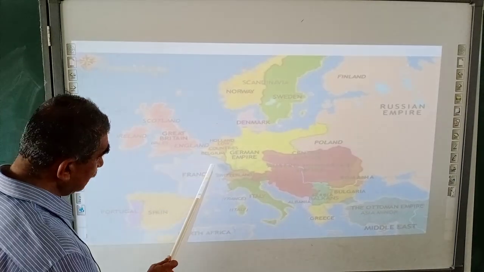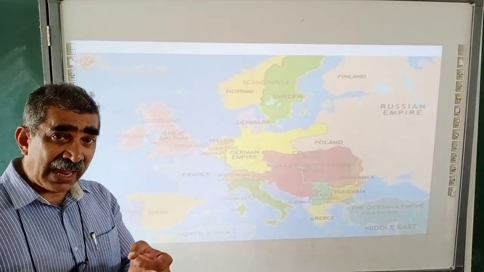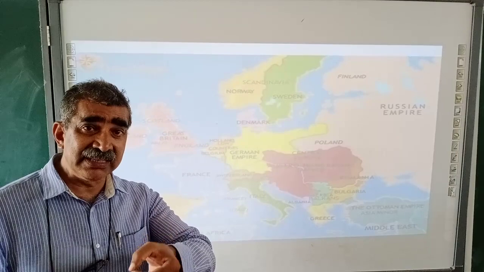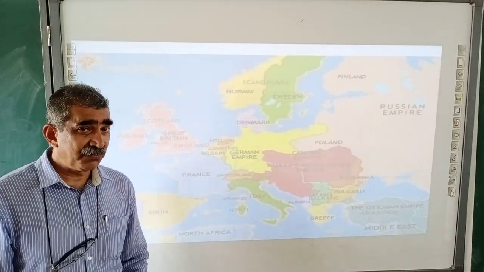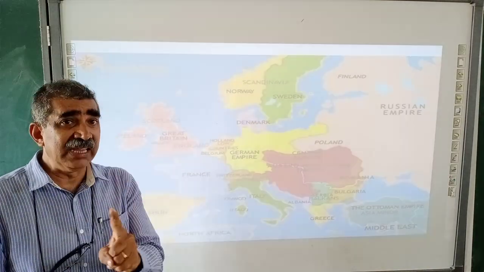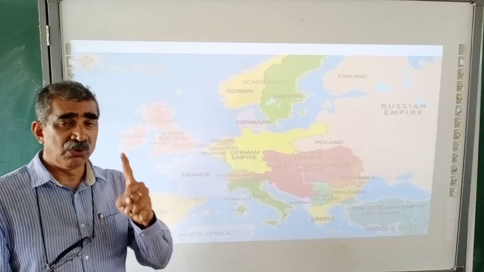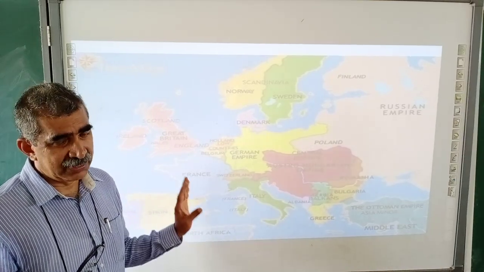And France had an anchor in the mind, because France was defeated in 1870 by Germany. So France was waiting for a chance to take revenge on Germany. So France was angry.